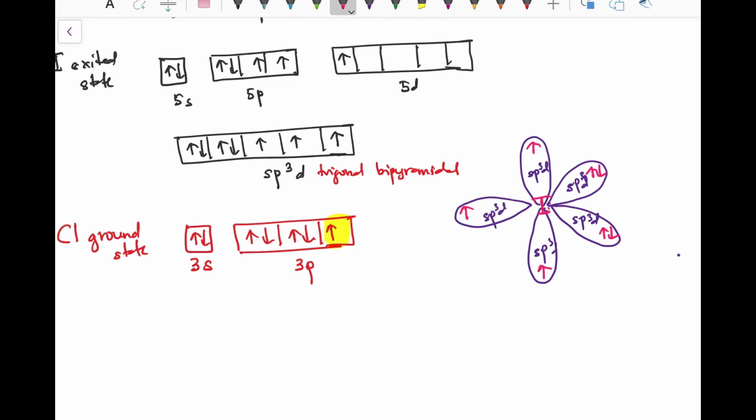Okay, it will undergo overlapping with the 3p orbital that represents the chlorine atom.